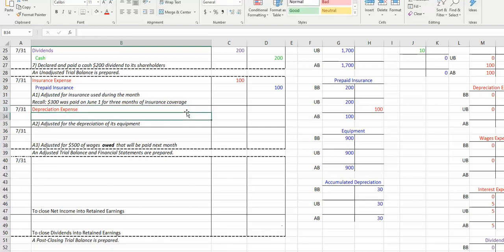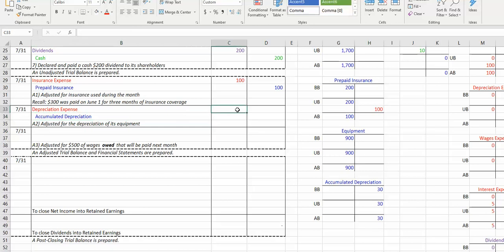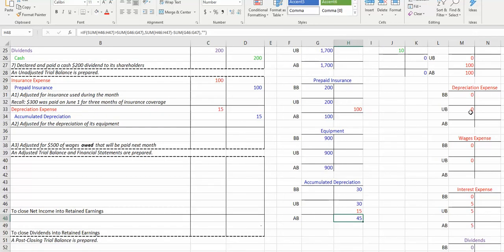And I'm going to credit accumulated depreciation, not the equipment, though this accumulated depreciation is going to get netted with the equipment account when I go to do my balance sheet, and that was $15. So this again is my adjusting entry, so I'm going to put it after the unadjusted balance. And let's go get our debit over here.